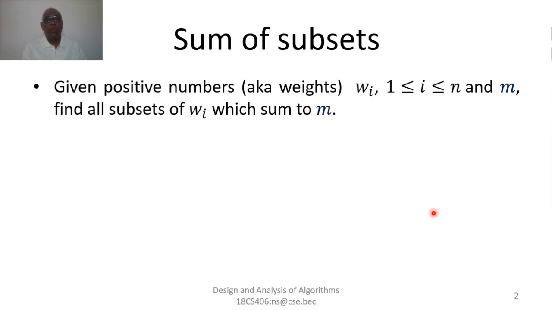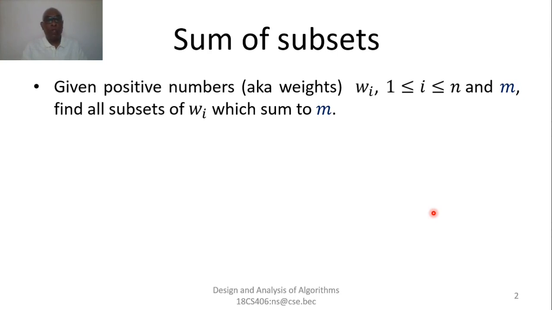Often these integers are also called weights. So you are given n weights, wi, 1 less than or equal to i less than or equal to n, and an integer m, so that you find all the subsets of wi which sum to m.